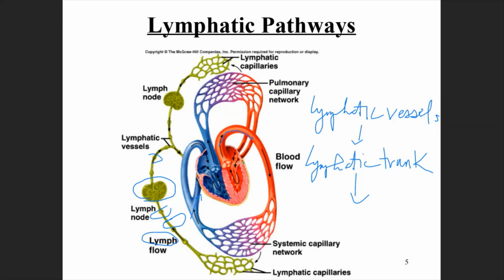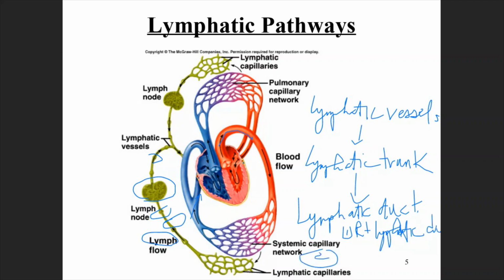And you only have two types of lymphatic duct. One is known as the right lymphatic duct. And the other one is known as the thoracic duct. Okay.